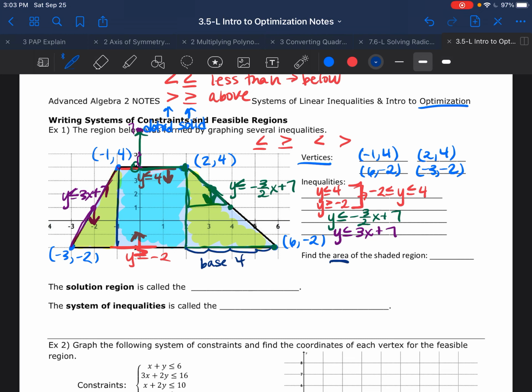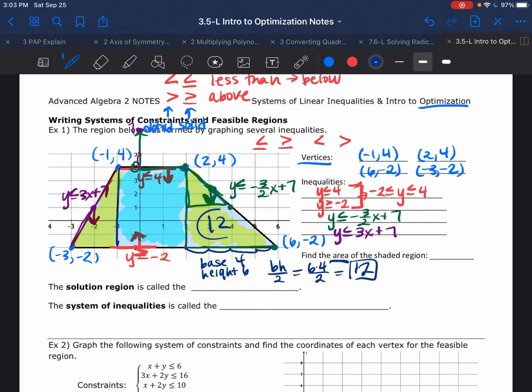Okay, so starting with the first triangle, we have a base of 4 and a height of 1, 2, 3, 4, 5, 6. And so the formula for a triangle is base times height divided by 2, which is 6 times 4 divided by 2, which is 12.